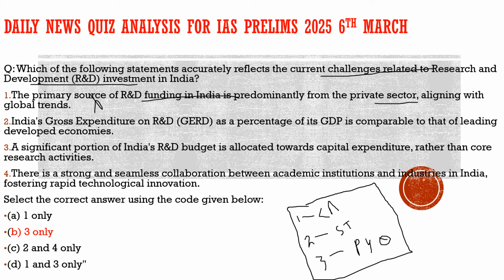So the first statement is incorrect. Second statement, India's gross expenditure on R&D, that is GERD, as a percentage of its GDP is comparable to that of leading developed economies. Totally incorrect. If we look at how much we are investing in it, it is way less than that. Our GERD is less than 1% in research and development.